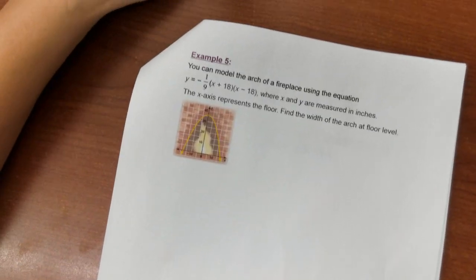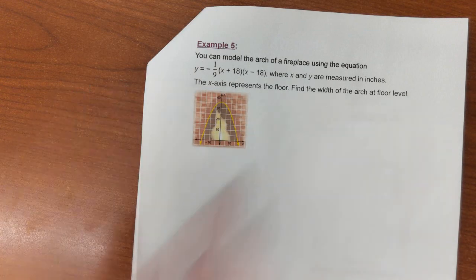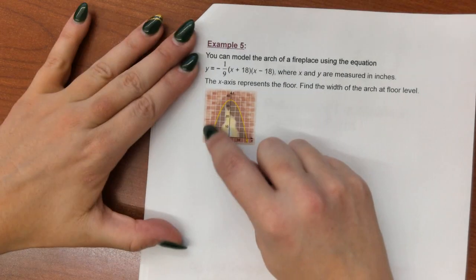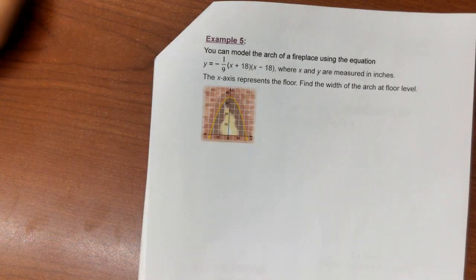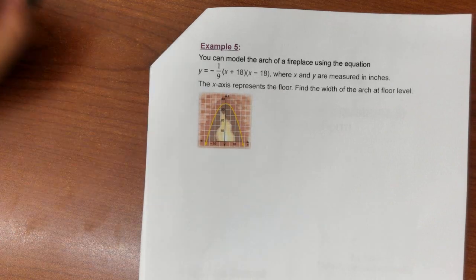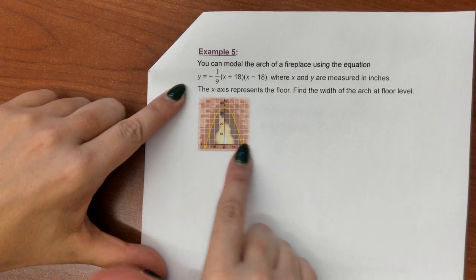All right, last one is a story problem. As usual, please pause, take a second, write down the problem. So we have this yellow fireplace arch here, and the arch can be modeled by this equation. This x-axis represents the floor.